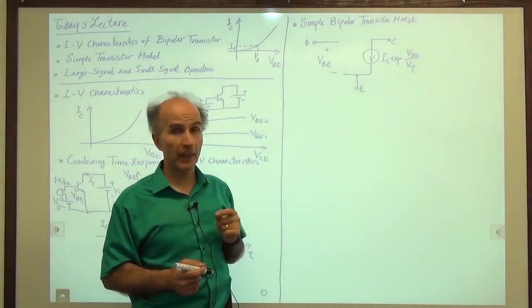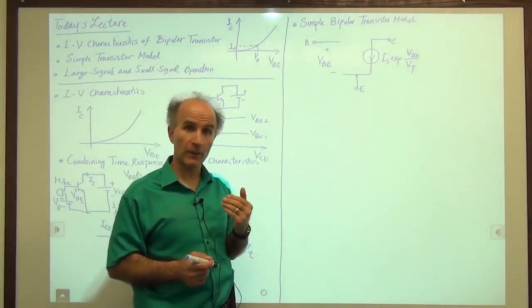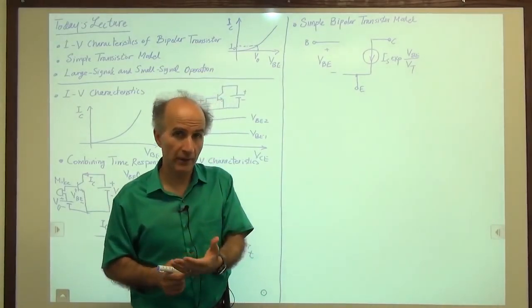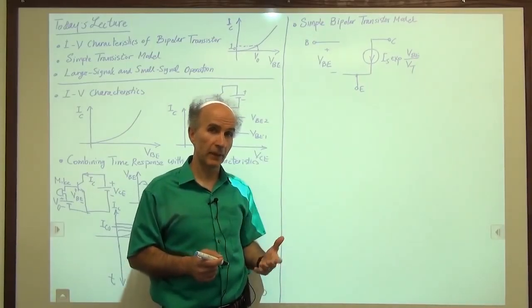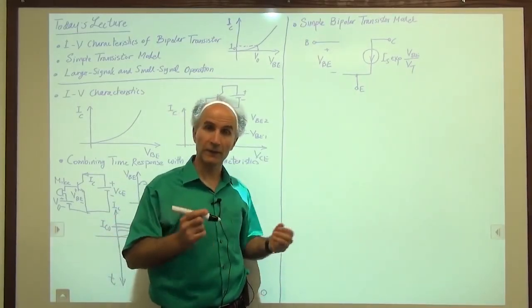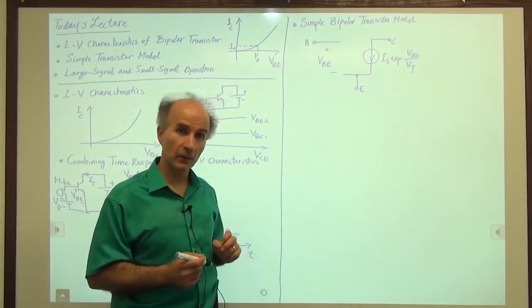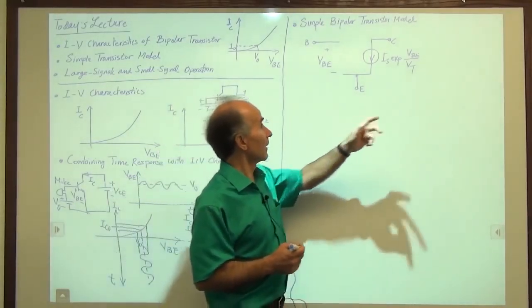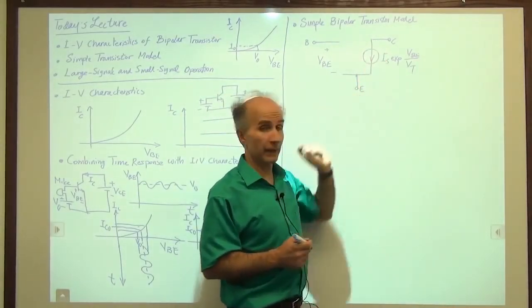Well, I cannot draw it to the base because I know that the base current is smaller. Remember that we said if the collector current is IC, the base current is IC over beta. Beta is maybe 100 or 200. So I can't do that. The only reasonable approximation or representation is to connect the current source between the collector and the emitter.